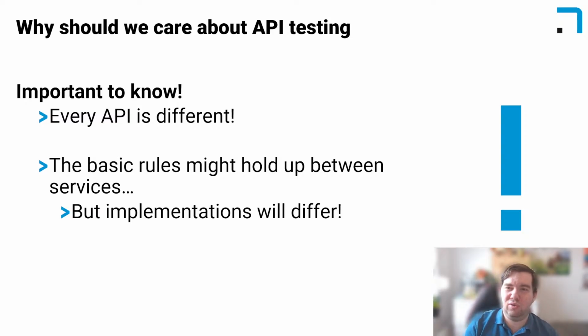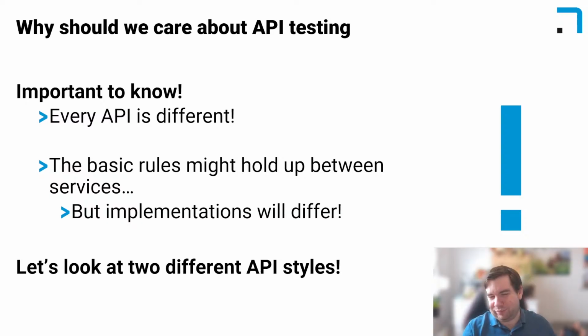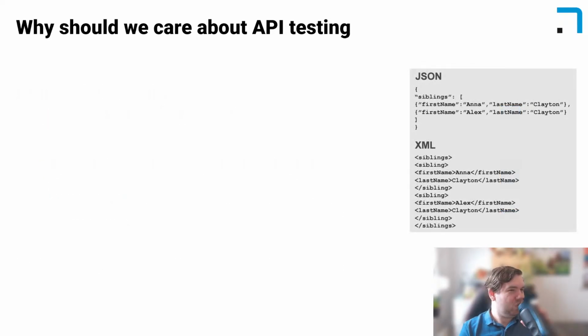So let's look at two API styles that are quite common for how we can get an understanding of APIs ourselves. First up, for our first API, and what I want to focus on in this webinar, is REST API.